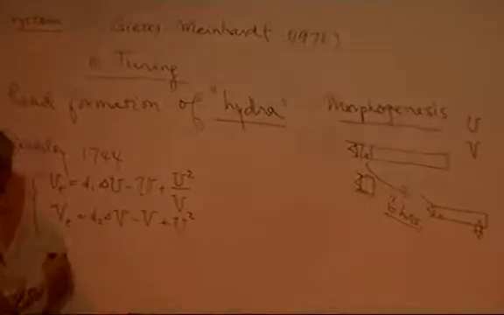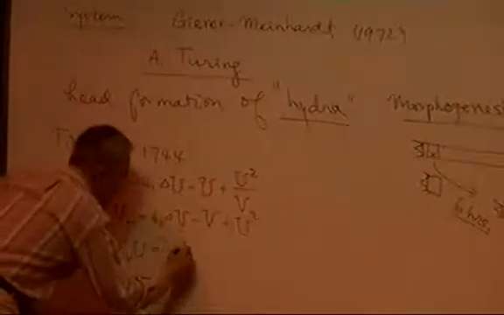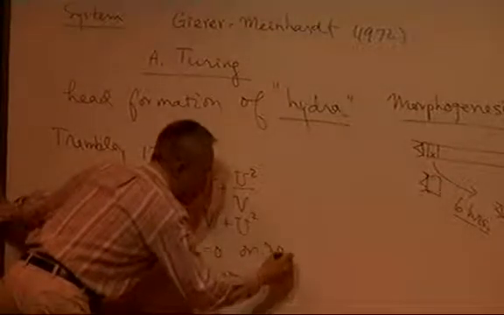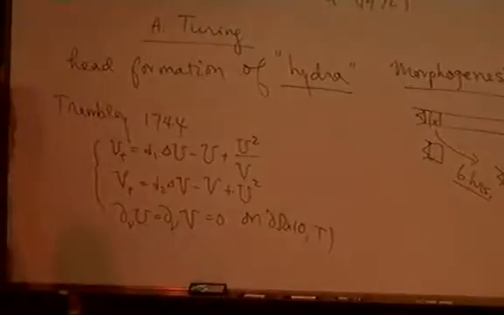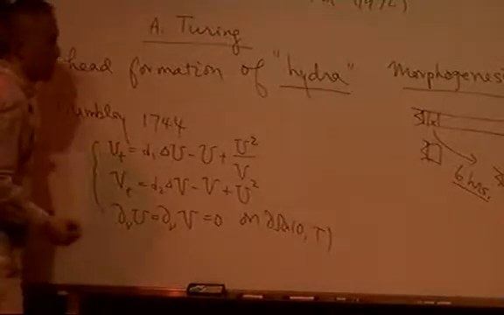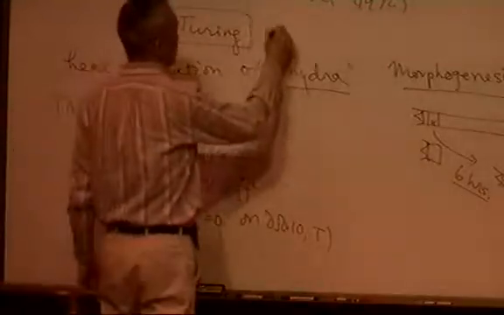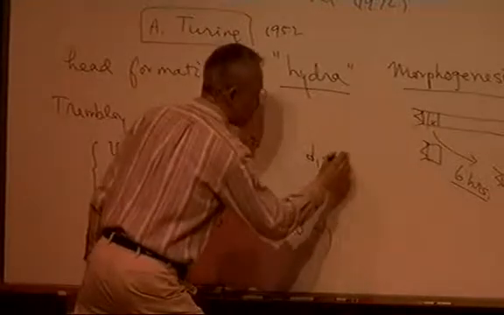And then we have Neumann boundary conditions on the boundary. And the basic assumption here that Turing argued in 1952 was that D1 is much smaller than D2.